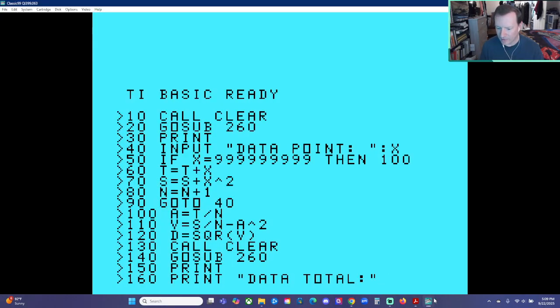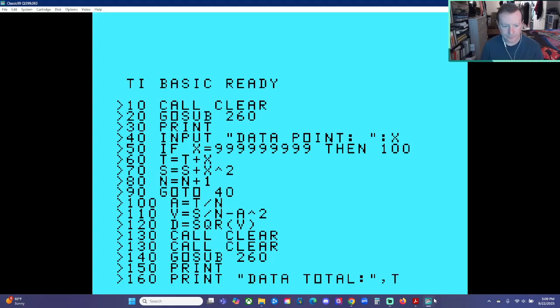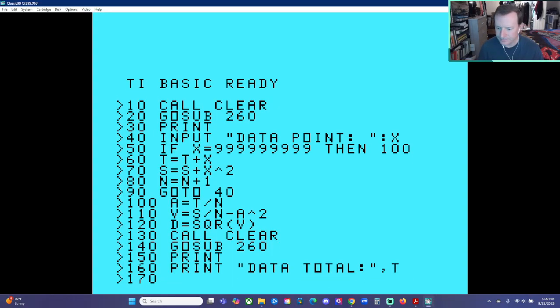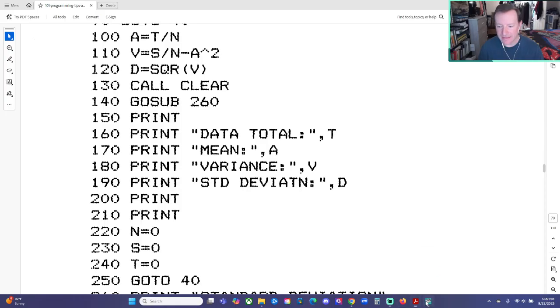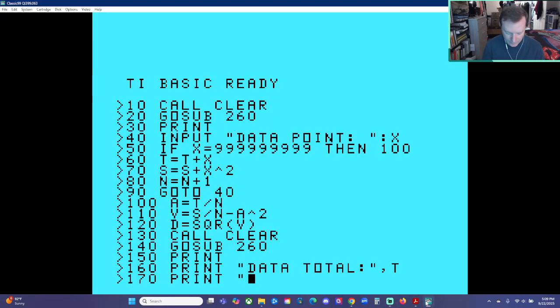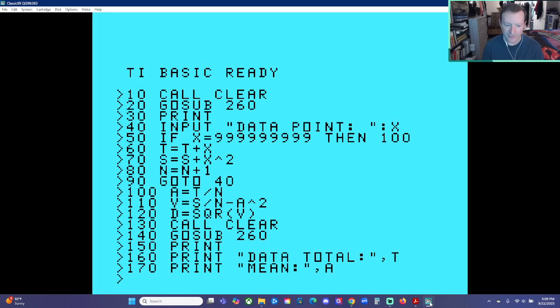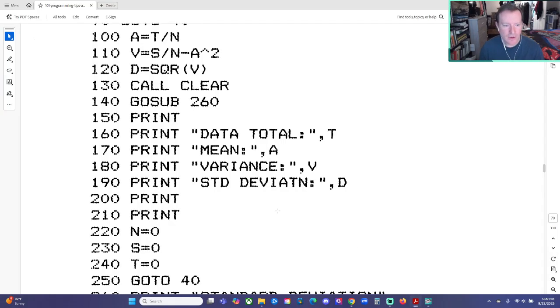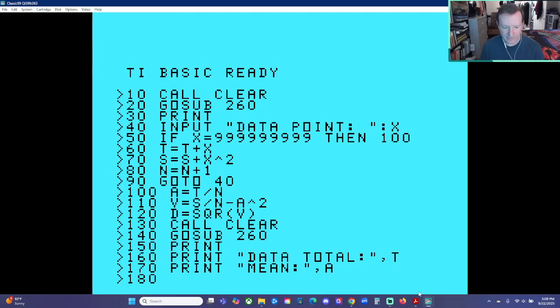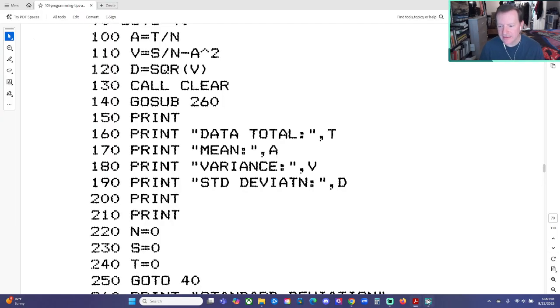Okay, but we do have comma T. 170, print mean, and we're going to have comma A, so average in the sense of mean, there's different senses of average. 180, print variance, comma V, I believe. Yes.